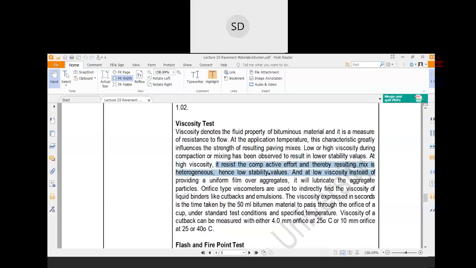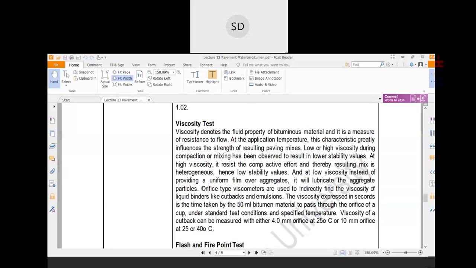So if it is highly viscous, you cannot mix it properly with the aggregates, and it will give a non-homogeneous mixture of the aggregate and bitumen, and therefore an unstable structure. And at low viscosity, the bitumen will get separated from the aggregate and the total pavement surface will fail. Therefore, viscosity is a very important property for the bituminous material.